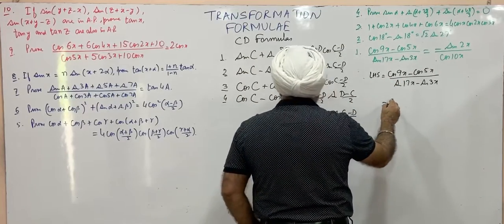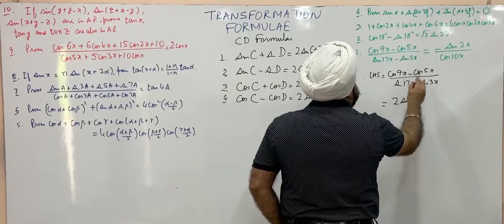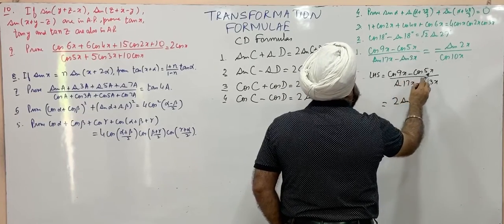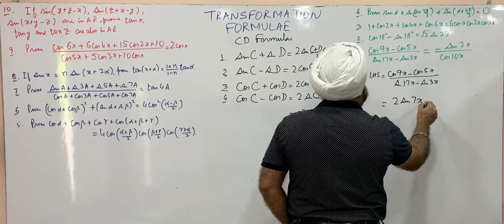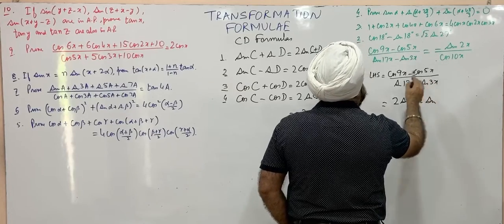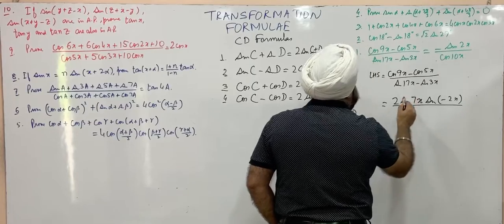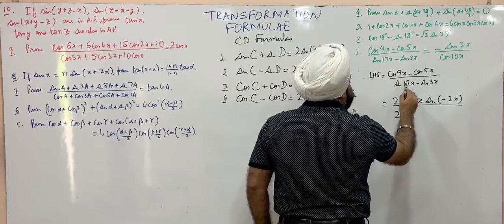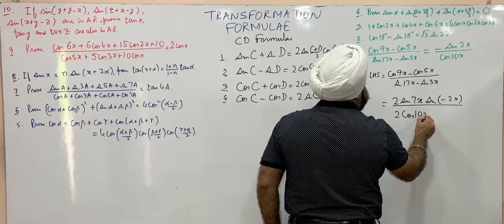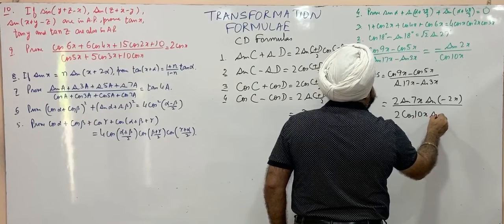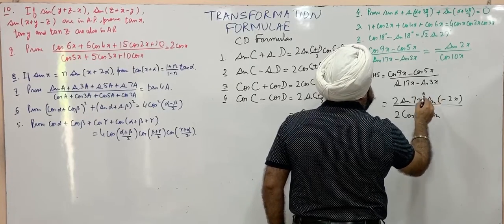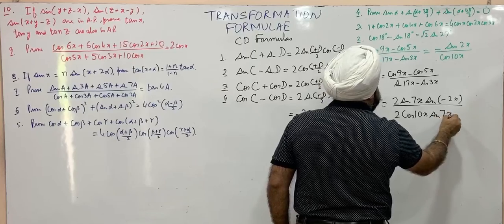This is equal to 2 sin of (C plus D) by 2, that's 9 plus 5, 14 by 2, that is 7x, into sin of (D minus C) by 2, that's minus 2x. This is 2 cos of this plus this upon 2, that is 10x, into sin of the difference, that will be 14 upon 2, 7x.